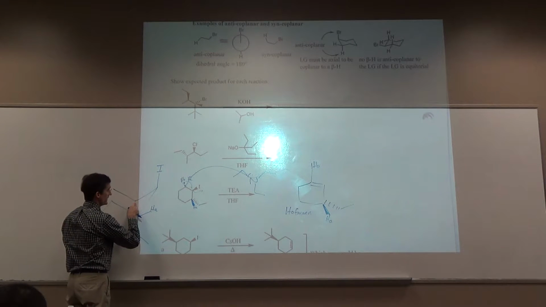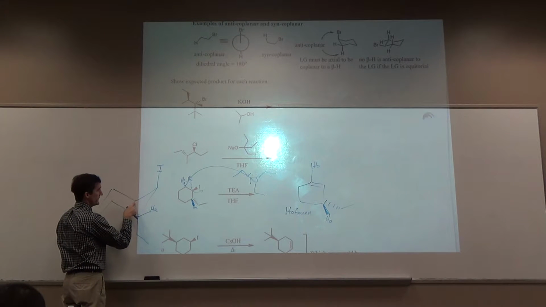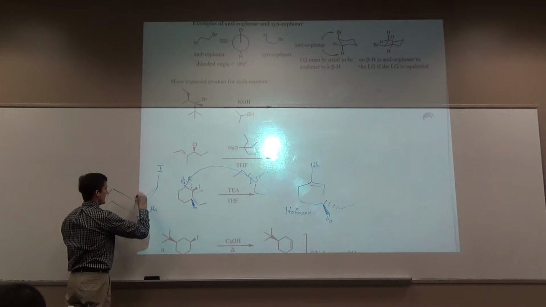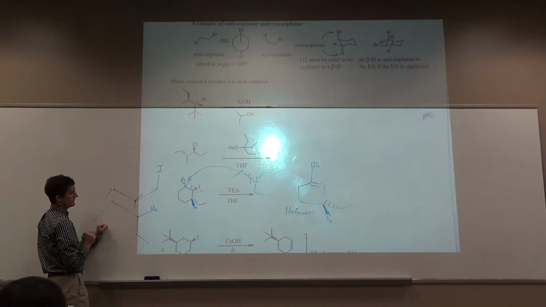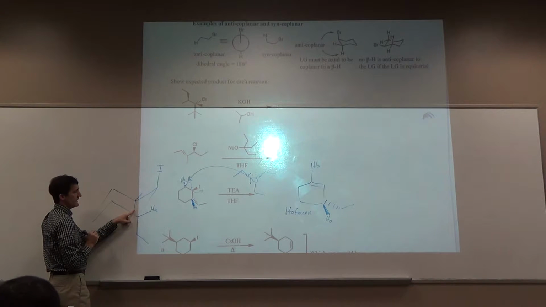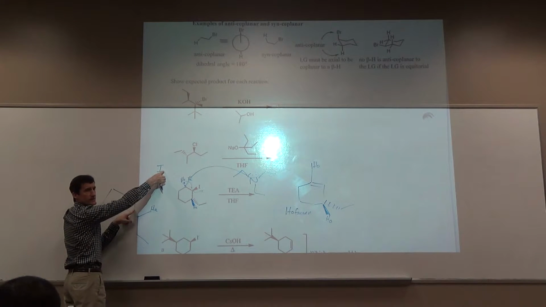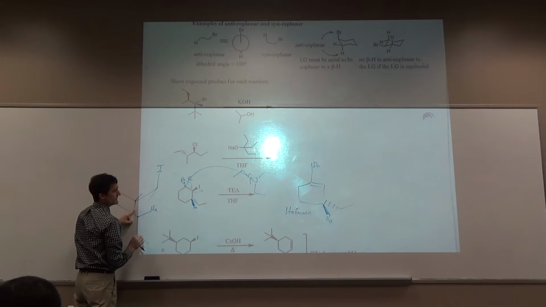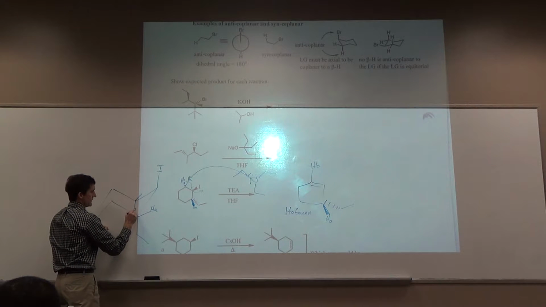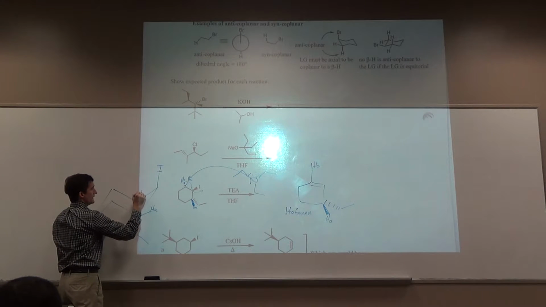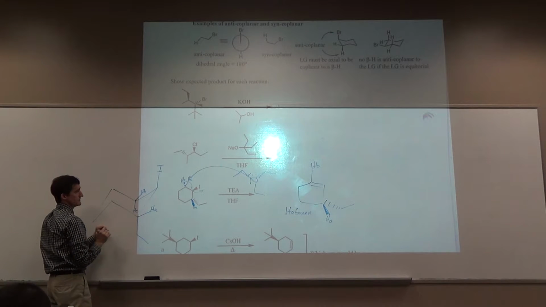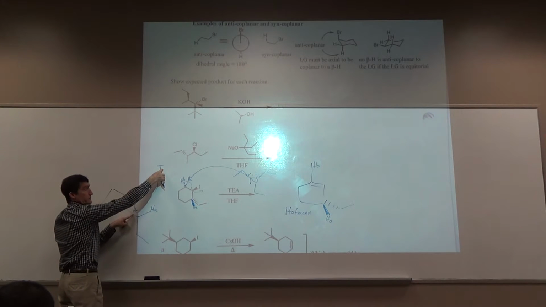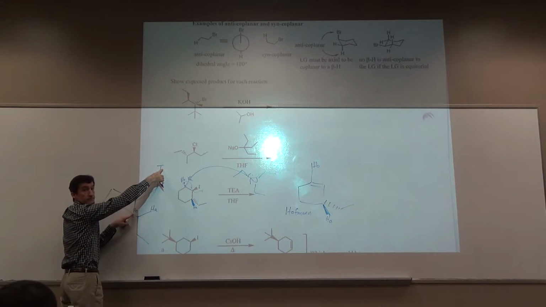Over here, there's two H's, the other beta one. You've got a straight down bond and you've got an equatorial. Which one do we draw straight down? Well, straight down would be trans to the iodine. Which one is trans to the iodine? HC. HB is here. These two are trans, right?